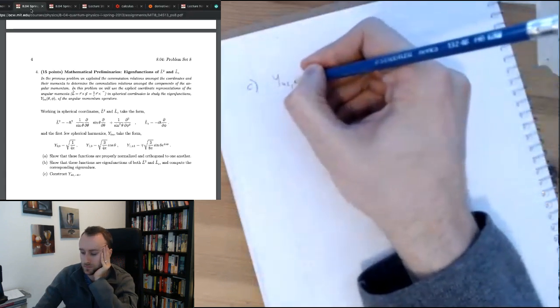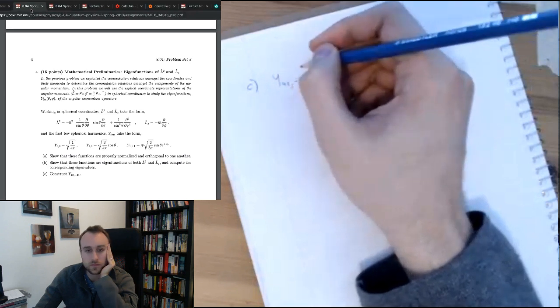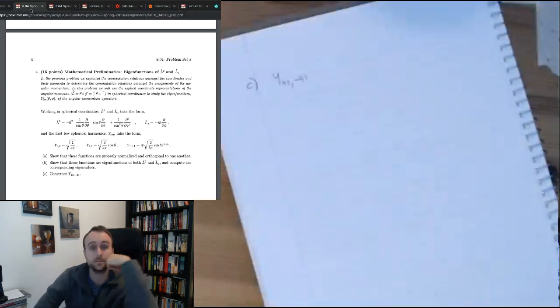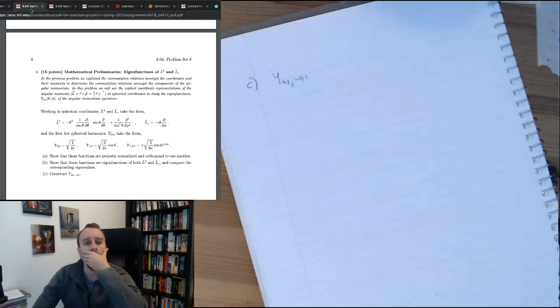All right, C, construct 2 minus 41. Yikes. What the heck's that going to be? We do a raising operator, lowering operator.